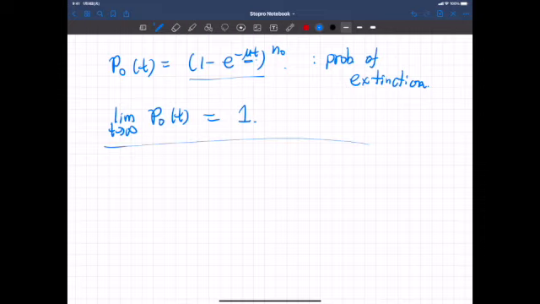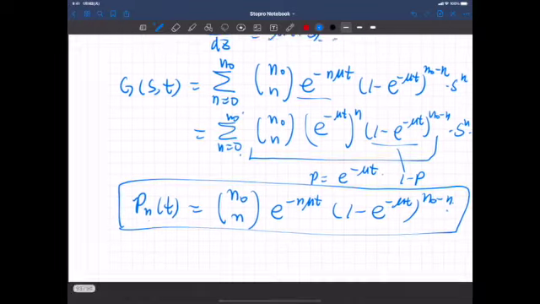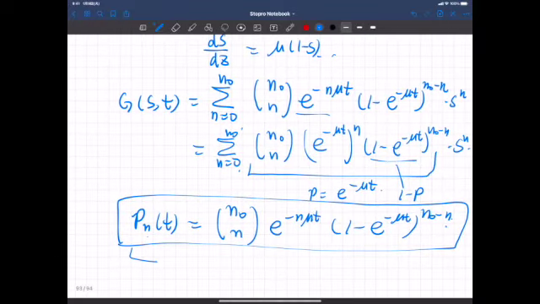But anyway, if you look more generally at this functional form of the probability mass function, you can consider this as a binomial distribution. Out of n0 initial individuals, n individuals are still alive. So n0 minus n means those who died.